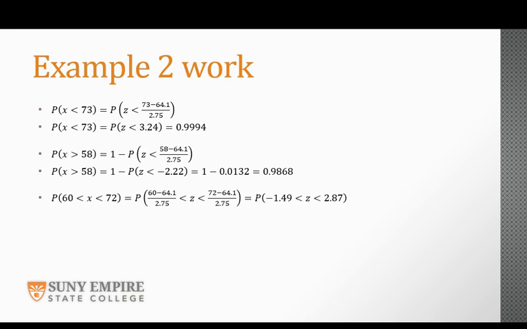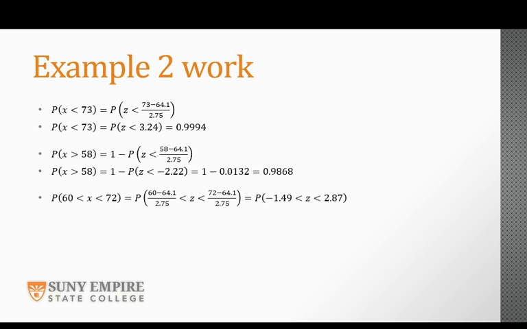0.9868. To find the probability that a randomly selected 20-something woman is between 5 feet and 6 feet tall, we find the probability that z lies between the normalized values for each. So what we really need to find is the probability that a z-score is between negative 1.49 and 2.87.